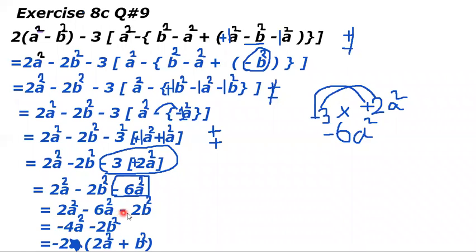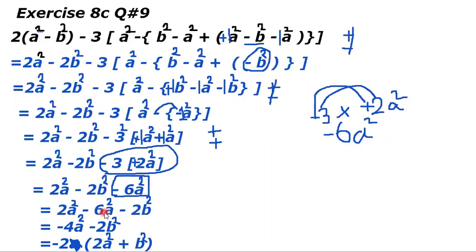Negative 2b square is an unlike term. That's why I first wrote 2a square, secondly negative 6a square, and thirdly negative 2b square. Actually I am writing the like terms next to each other.